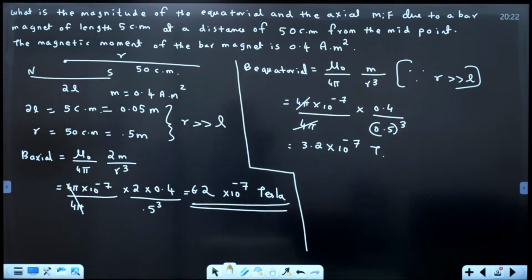Any doubts? Anas, Sweda, any doubts? Saranya, Agash, Alanchand, Navaneet.